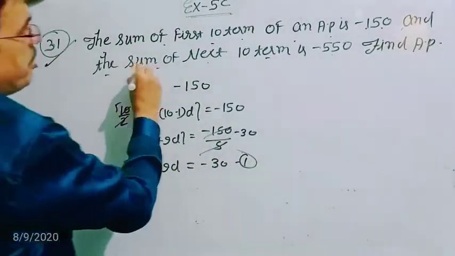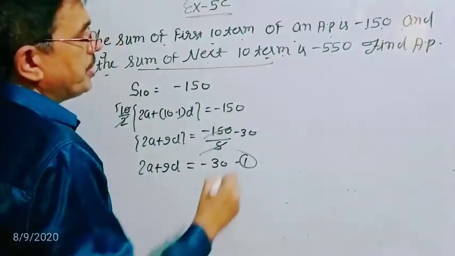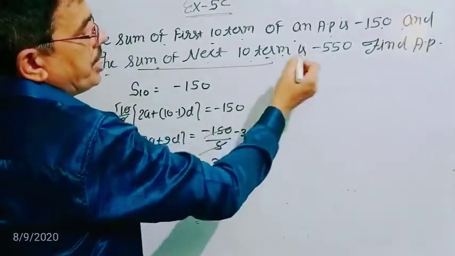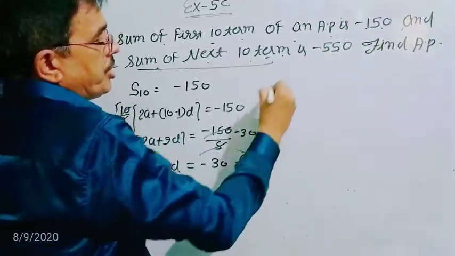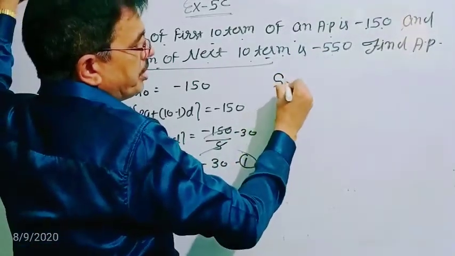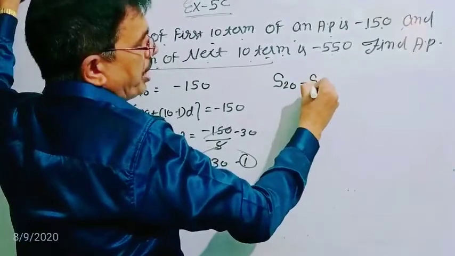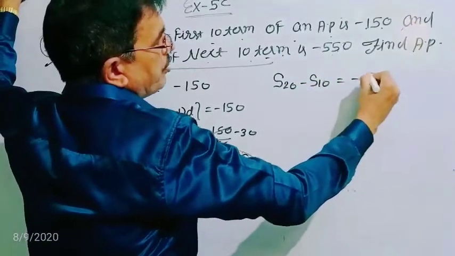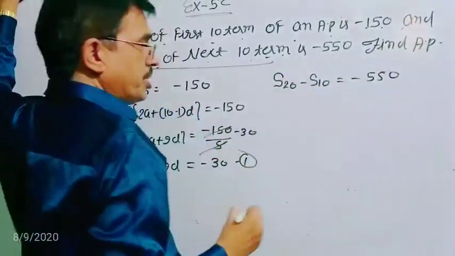The next condition is the sum of the next 10 terms. That means the 11th to 20th terms. It is always solved by this method: S20 minus S10 is equal to minus 550.